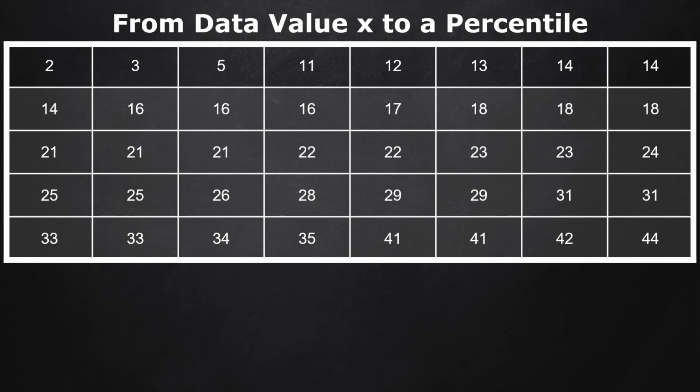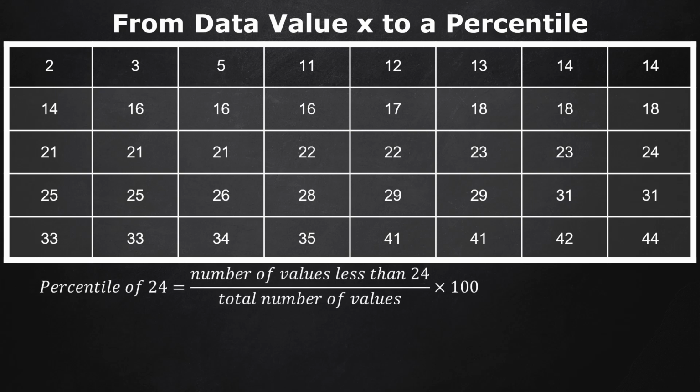Now we need to find the percentile for 24, right? So we got this formula here. The percentile of 24 is equal to the number of values less than 24 divided by total number of values times 100. So let's locate 24 in this chart, and it's right there. Now what we need to do is count how many values are below 24.